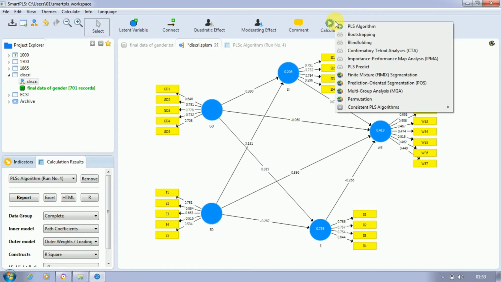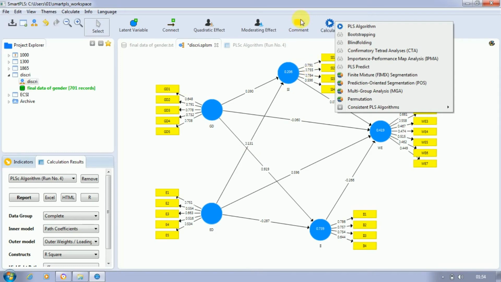Instead, PLS relies on a non-parametric bootstrap method, in which subsamples are created by randomly drawing from the observations with replacement. On the basis of these we get parameter estimates like outer weights, outer loadings, and path coefficients from the subsamples, and they are used to derive the standard error for the estimates. With this information, t-values are calculated to assess each estimate's significance.